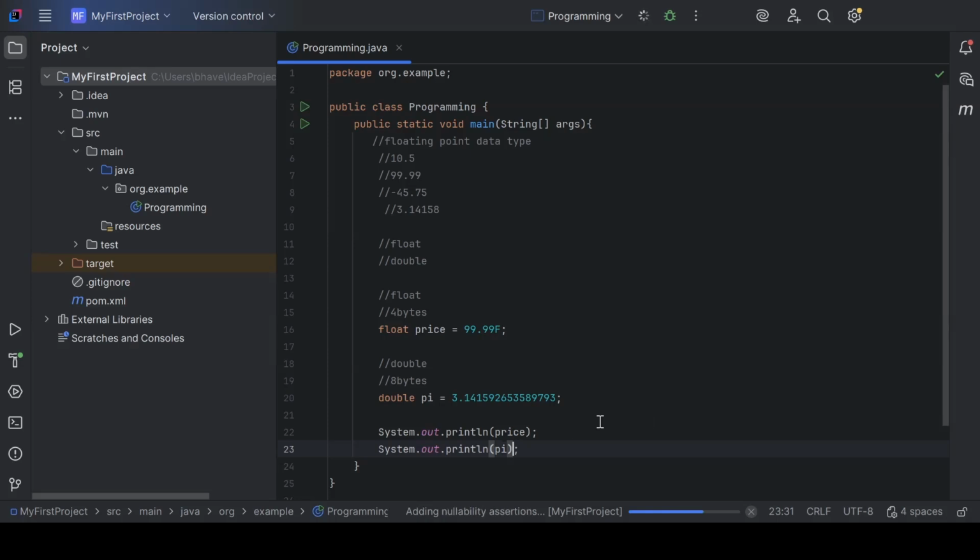Okay, so we'll get price as 99.9 and the value of pi is 3.1415926 up to this 14 to 15 digits. So that should be the output.